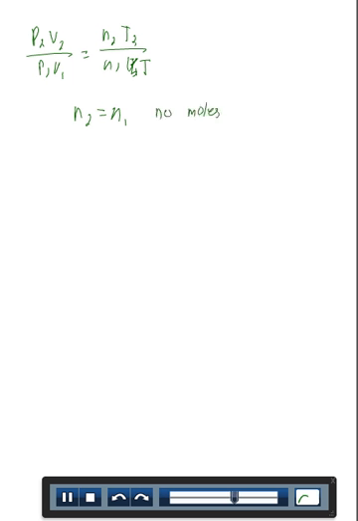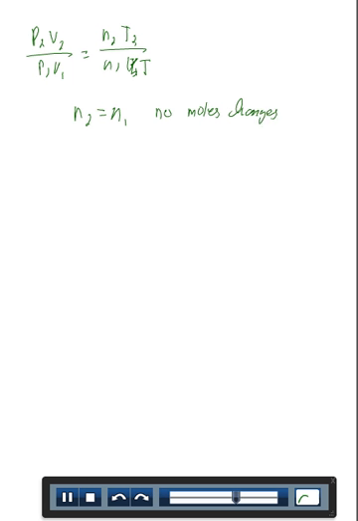So let's calculate, start with our ratio. P2V2 over P1V1 equals n2T2 over n1T1 that we just got from the ideal gas law ratio. So now let's look at what's constant. n2 equals n1, because no gas leaks out of the balloon, no moles change.